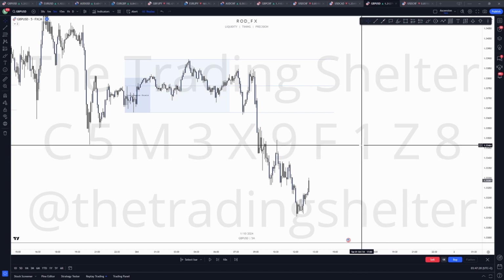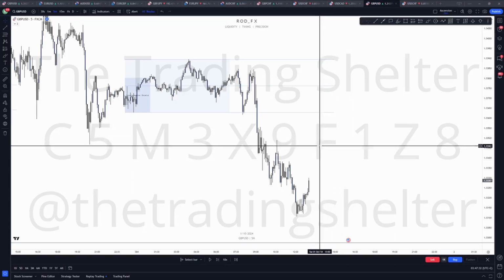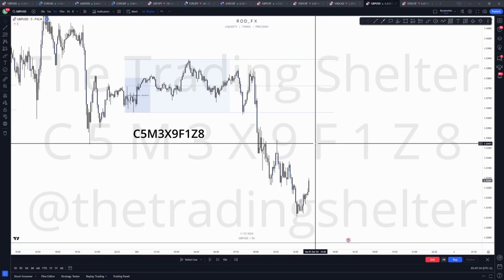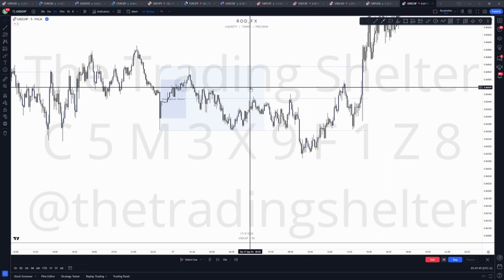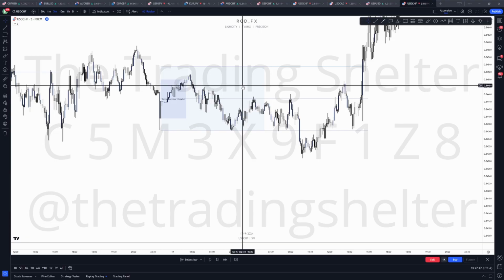How come they are completely different? And this is stuff that we will be talking about in the future. Identification of structure is mandatory for you to understand the little details inside the market.